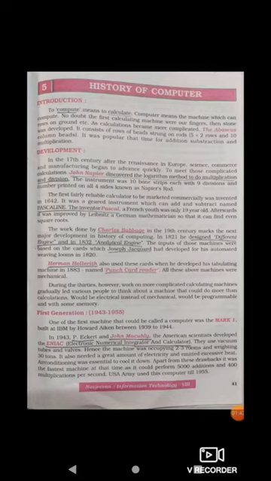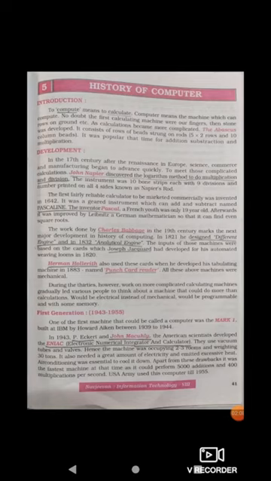So the introduction part talks about the computer, the definition. What do you mean by computer? Computer is nothing but it is used to compute. And compute means to calculate.